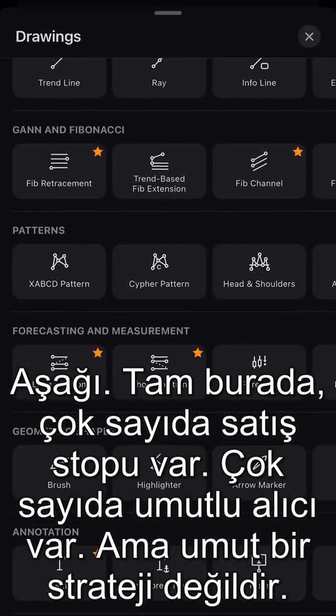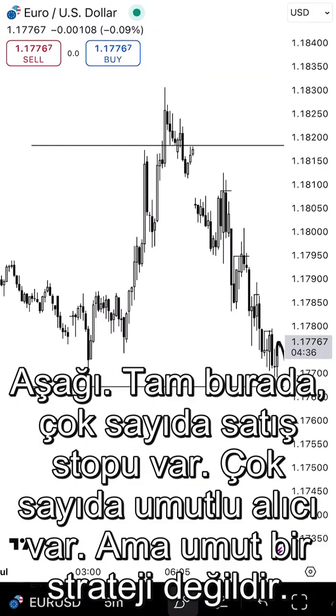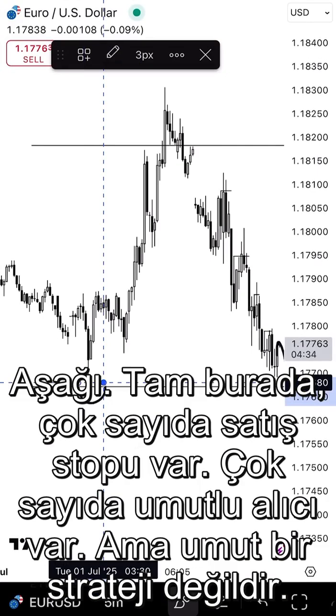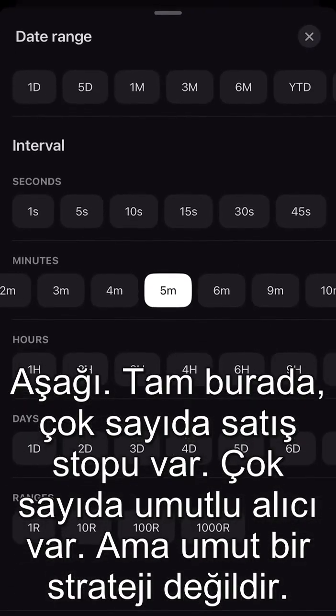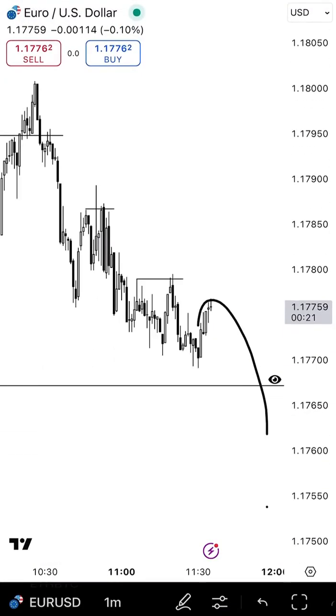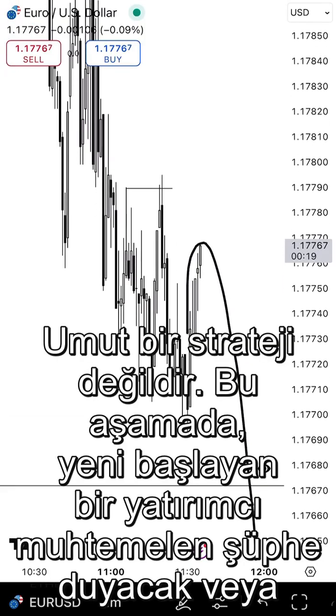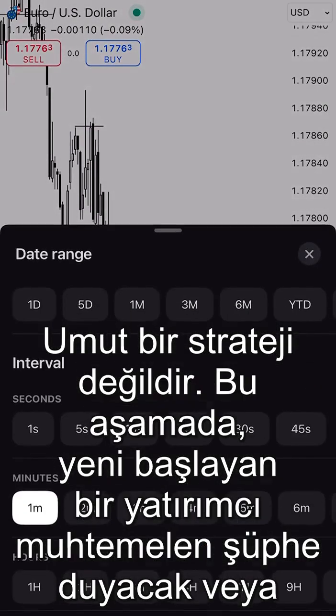Right here, there's a lot of sell stops, a lot of hopeful buyers. But there's stops right there. But hope is not a strategy. Hope is not a strategy.